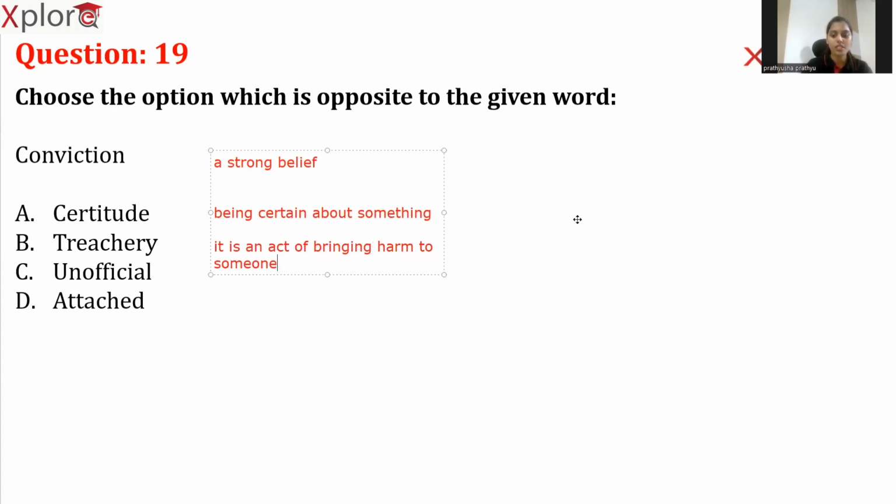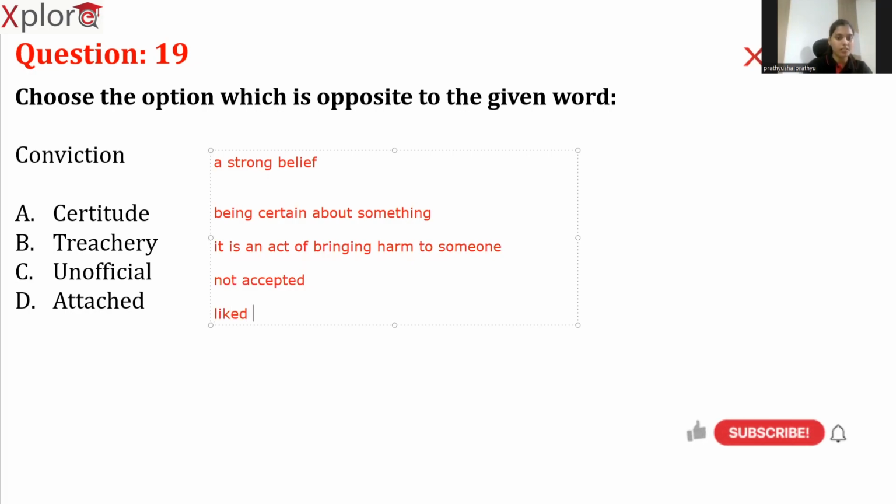Now, unofficial meaning, as we already know, not accepted, or something which is unacceptable or disapproved. Next, attached meaning liking something or somebody very much.